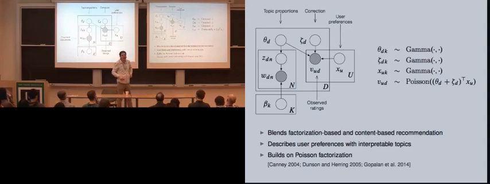This is the mathematical structure. Intuitively, it's blending content-based recommendation, where I use the topics to decide who might like something, and factorization-based recommendation, the classical Netflix-like thing, except this Poisson gamma version. It builds on what's called Poisson factorization, which has been looked at over the course of a decade.